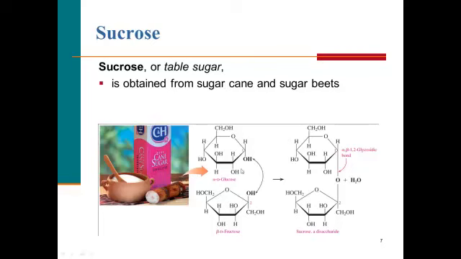So again, the alpha is the OH pointing down, and in this case, the fructose is the beta version. Remember that fructose is a ketose. So when the chain closes, it's closing at carbon 2. So at carbon 2, the OH is pointing up, which makes it the beta anomer.